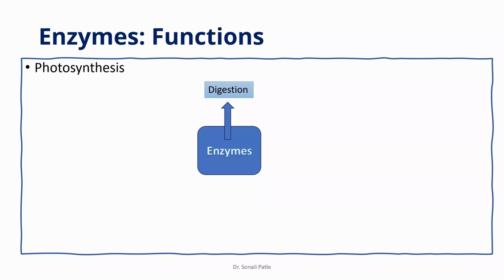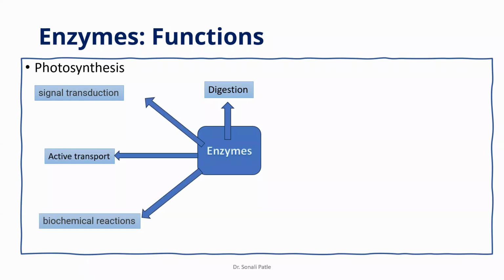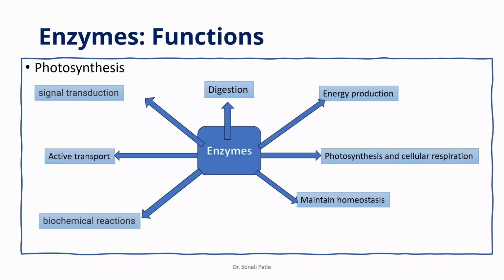Now, enzyme functions. We know that enzymes have a variety of functions, right? They carry out photosynthesis, they carry out signal transduction. Photosynthesis and cellular respiration, these two functions are important roles. In addition to that, enzymes help in digestion. Signal transduction is nothing but cell to cell communication.